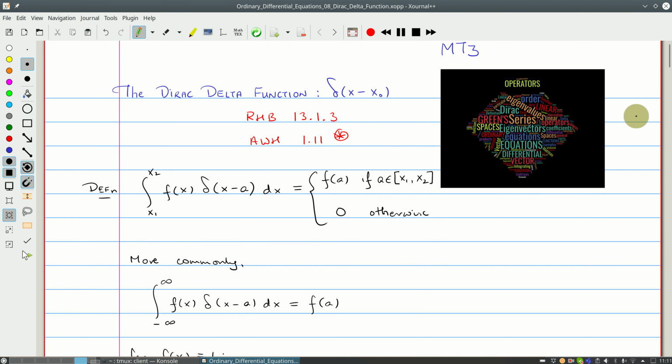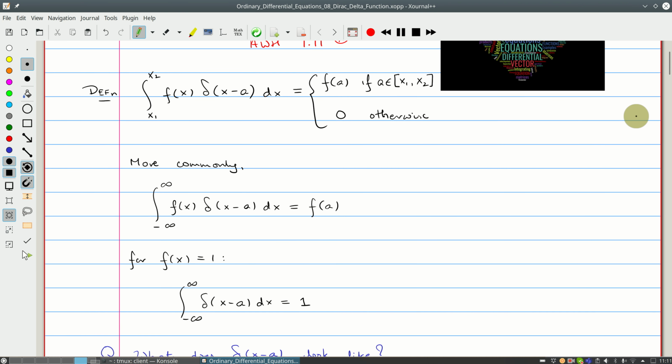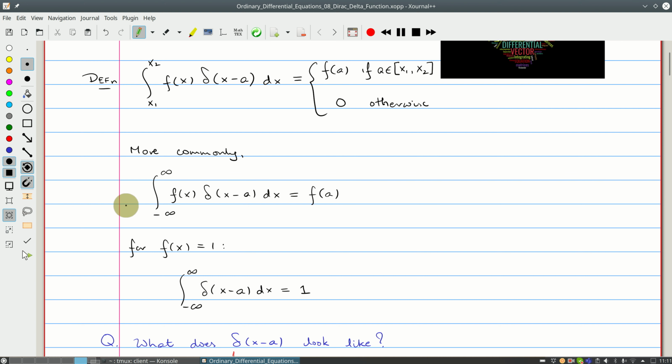More commonly we use this form of the Dirac delta. We have an integral from minus infinity to infinity, which means all the x-axis, in which case a is bound to be in this range, so this case-wise equation becomes simple.